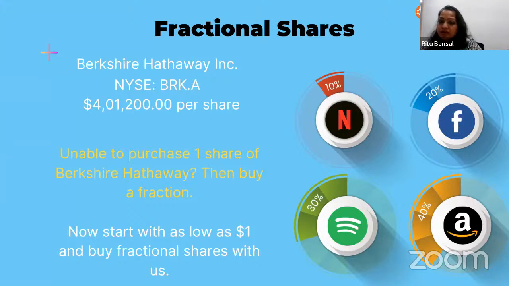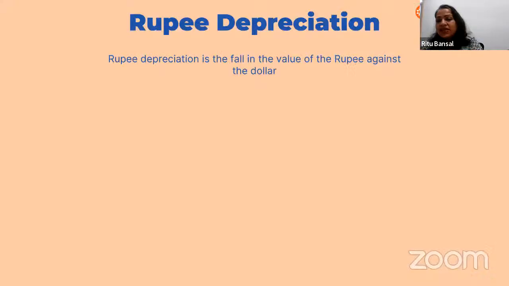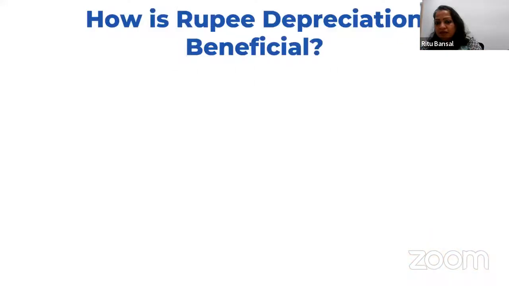How can we do that? Don't worry. If you have $10 to invest, go ahead and buy $10 worth of Berkshire Hathaway. It is as simple. So on the platform, you will be able to invest in amount or in percentage, whatever is convenient for you. So these are some of the benefits which you don't get investing in Indian markets.